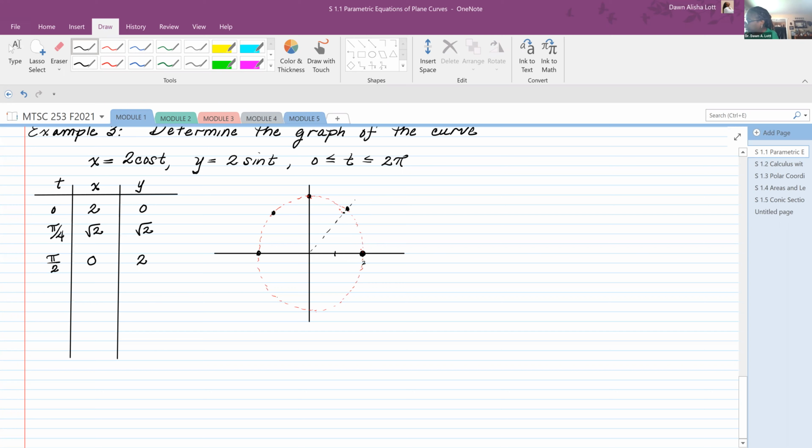As I'm doing this, I'm going in this direction, counterclockwise. And so it actually matters, the direction. So direction matters.